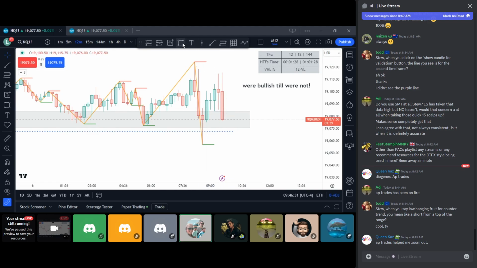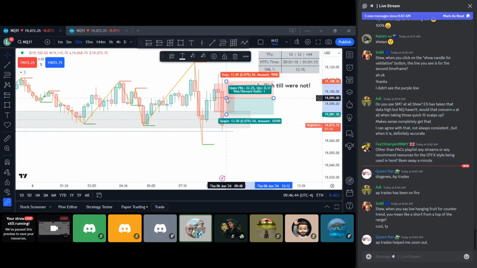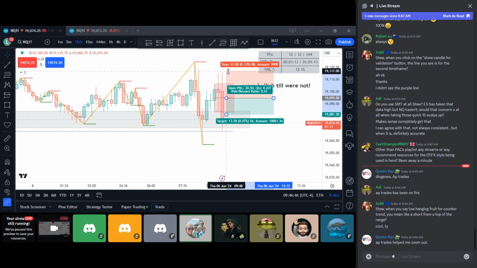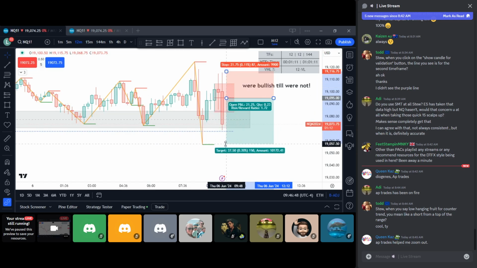So that would be like a 1 minute setup on the 12. Like that. So if you were bearish bias, you'd be like this, targeting that low.